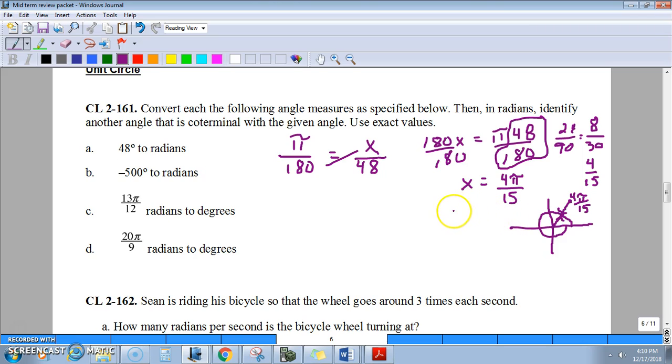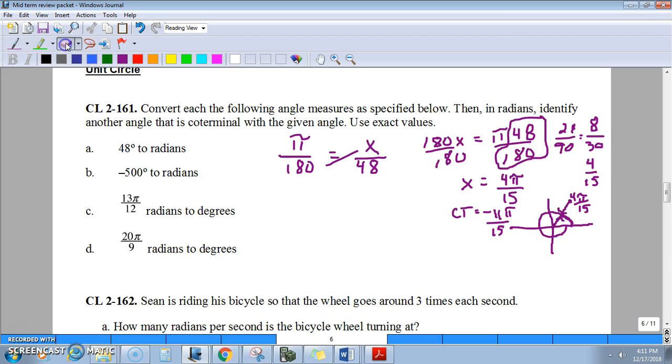So if I have 4 15ths this way, then I have negative 11 pi over 15 backwards, right? If you think of this whole circle as 15 out of 15, and this is 4 out of 15, then the opposite direction is 11 out of 15. Together, 11 plus 4 adds up to 15. One's positive, one's negative, so they end at the same exact spot.